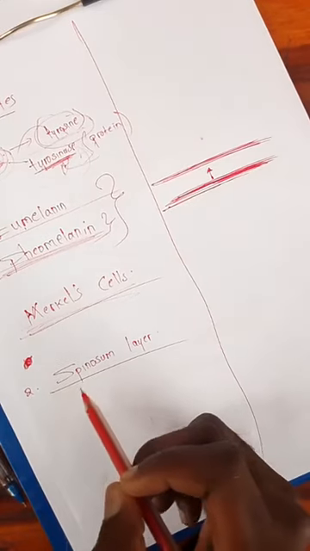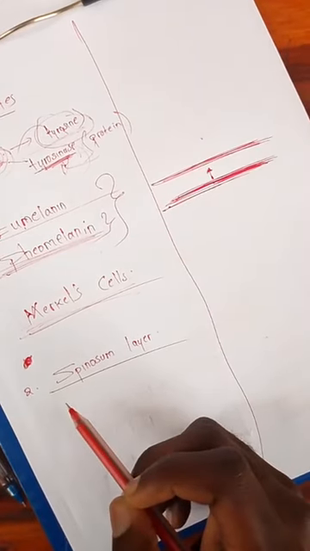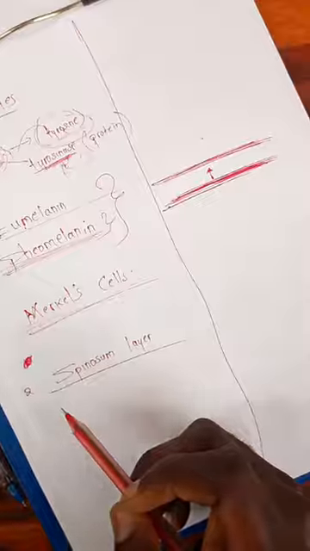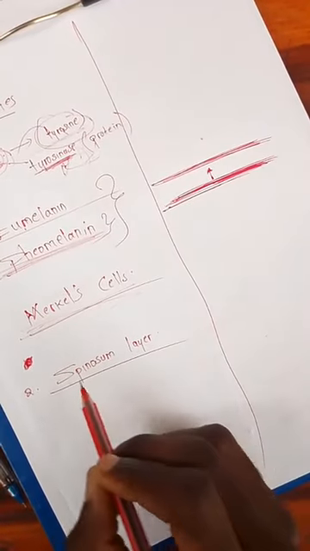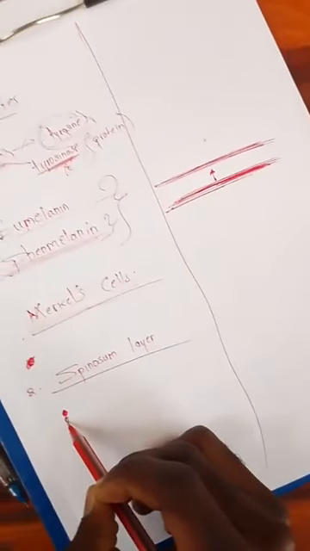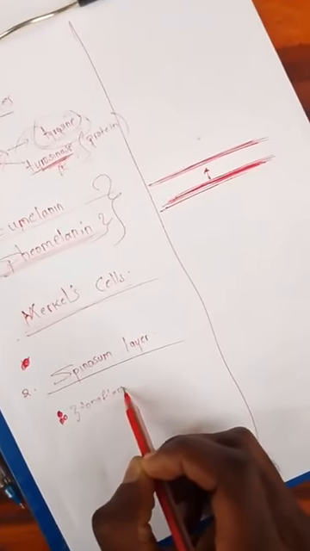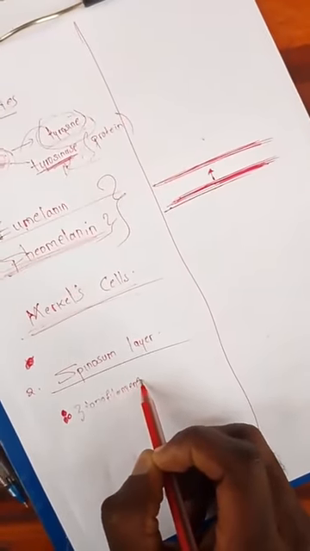These desmosomes facilitate the connection of these filamentous proteins formed from keratin. When these filamentous proteins join with these cells, they form what we call tonofilaments.